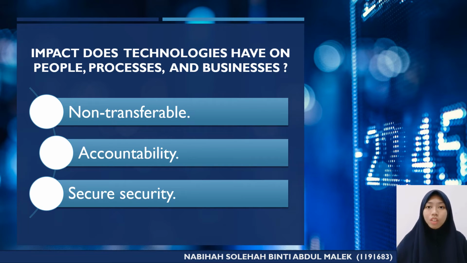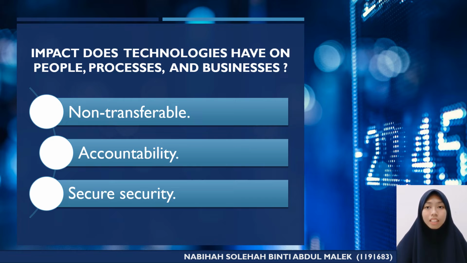The impact this technology has on people, process, and business. First one is non-transferable. Palm prints are not transferable, ruling out the sharing of passwords or clocking in on behalf of another colleague. This allows for more accurate tracking of the workforce and provides additional security against the theft of sensitive material.